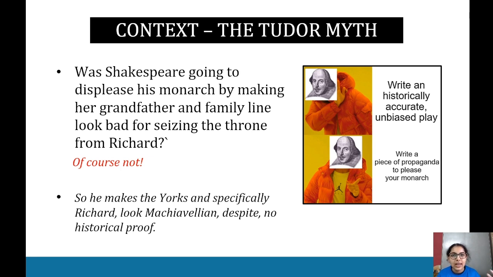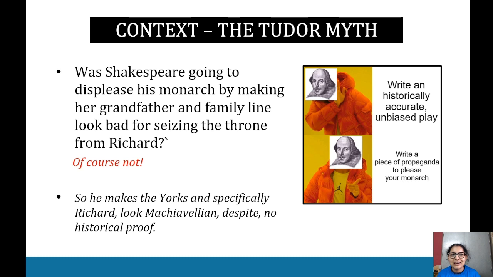In history, they took out his grave and he's not that hunchbacked. It's very, very slight. So you can now start to see how smart Shakespeare was, because when you read it for the first time without knowing this context, you hate Richard. He's a bad man. Nothing good's happening here.